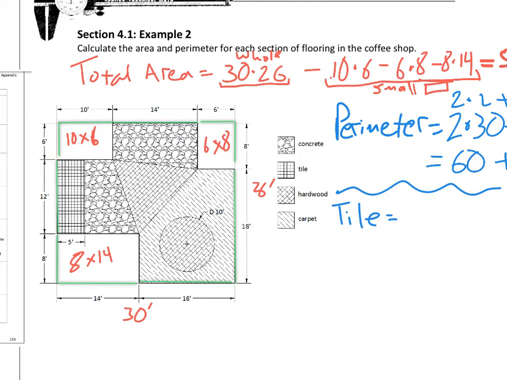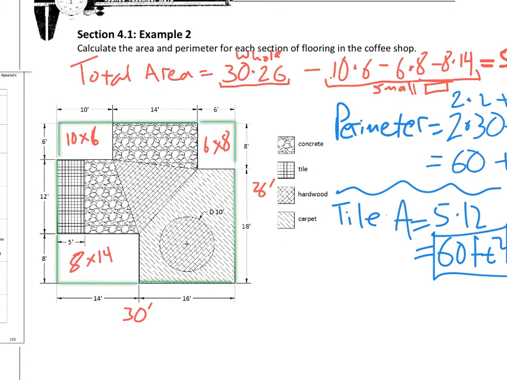This is our copy shop, so this is probably where the espresso machine and the counter are. So the area is going to be a rectangle, 5 times 12. Area equals 5 times 12, which is 60 square feet. So we need 60 square feet of tile. That wasn't too hard.